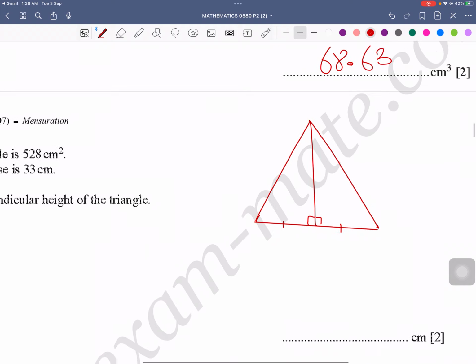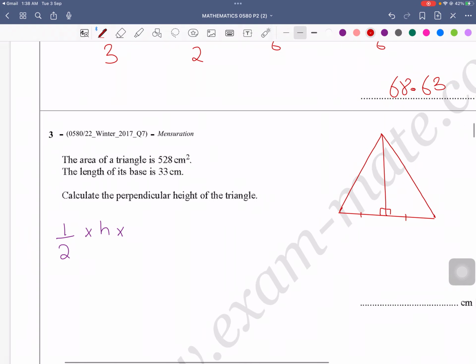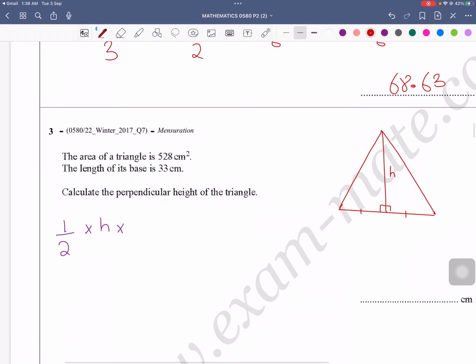So these two are equal in length. I hope it's a better diagram, right? This is what we need to find, h, right? And the area of this entire figure is 528.